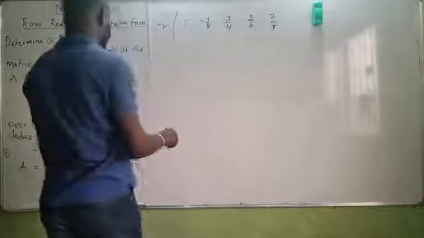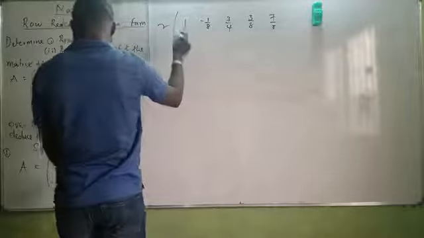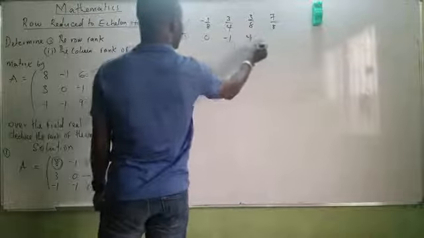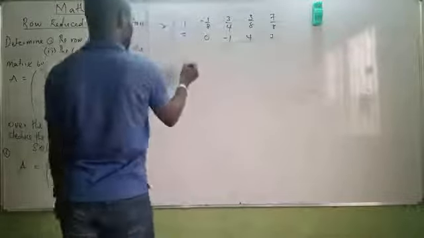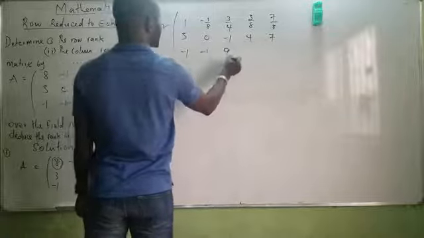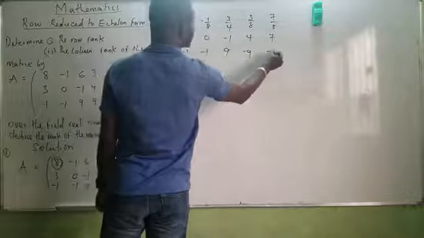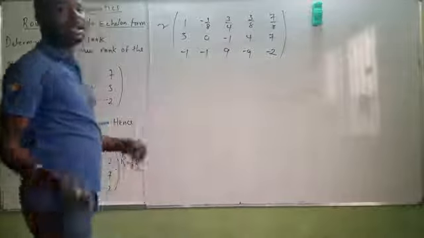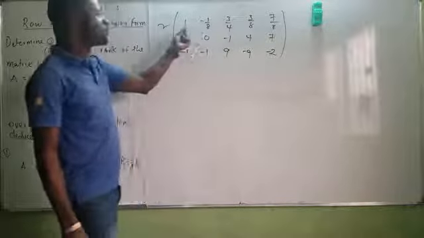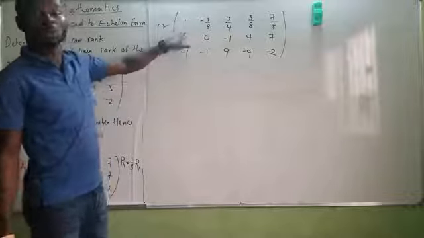And the other rows remain as they are: 3, minus 1, 4, 7, and minus 1, 9, minus 9, and minus 2. Now, for your information, at this point row 1 has become an echelon row, because the leading entry is already 1.